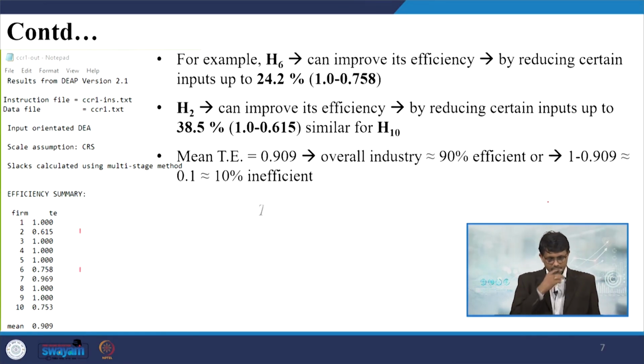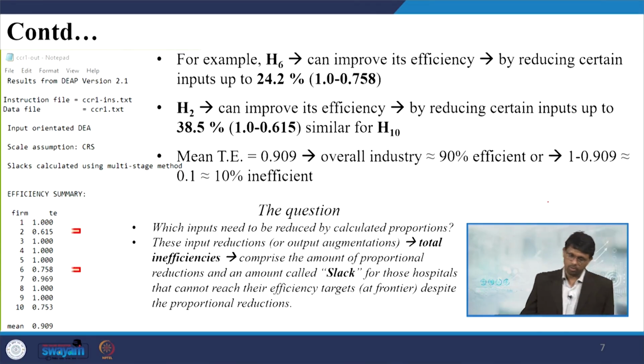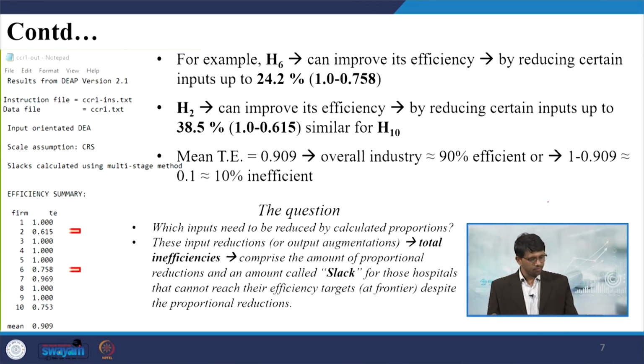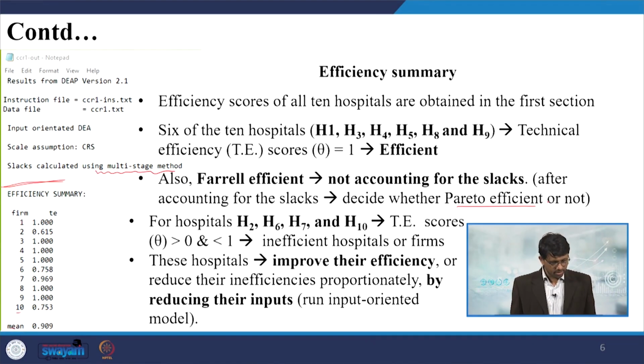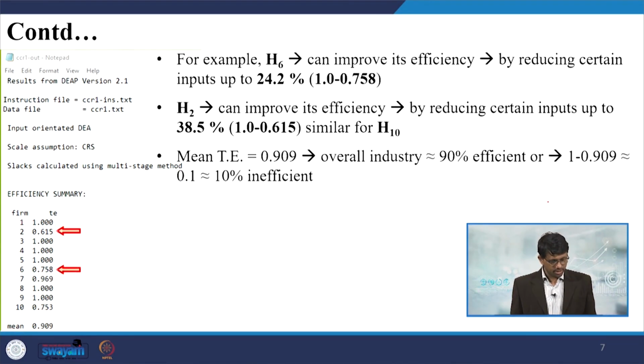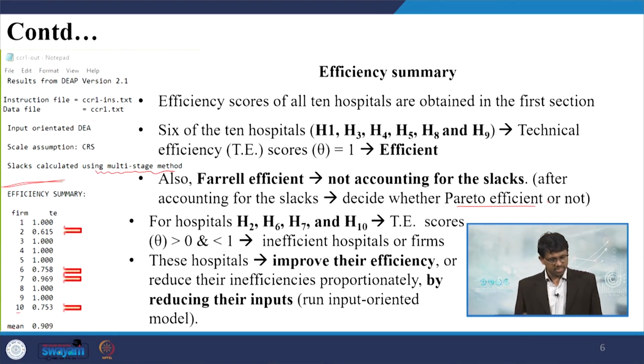So, let us see what there is. For example, H6 can improve its efficiency by reducing certain inputs by 24.2%. So, what do you mean by this? You can just see at the back. We have already mentioned H2 is 0.615, and that means inefficient. What is the difference as against 1? Okay.